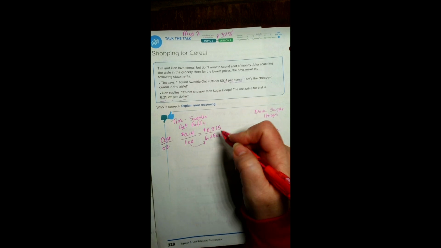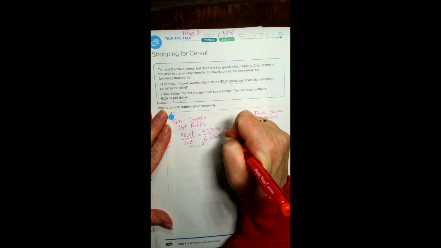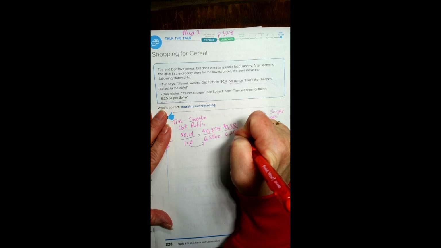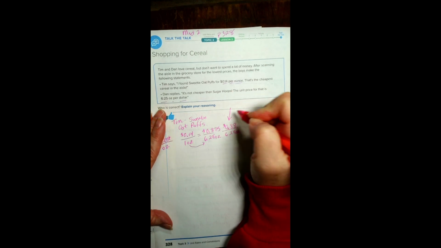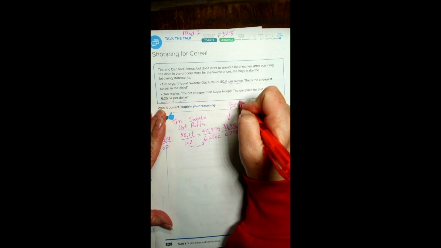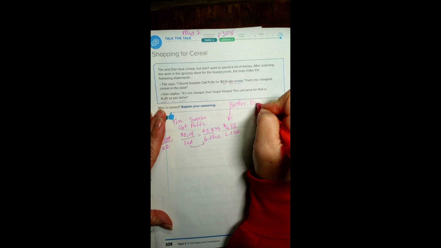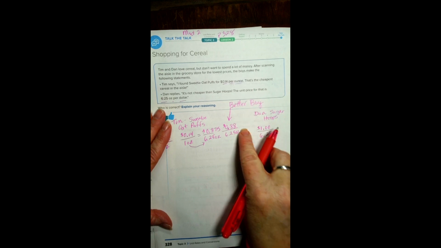So they would probably round that up to like 88 cents for the 6.25 ounces. Dan's is $1, so right now it looks like this one is the better buy. Remember, you want to spend less money for the same amount.